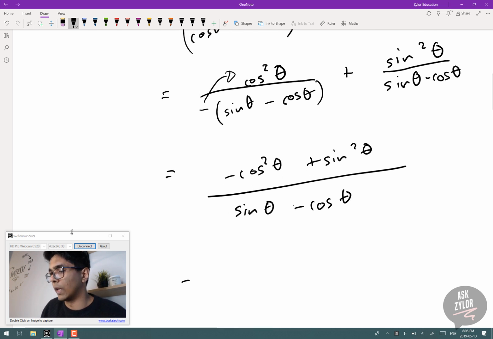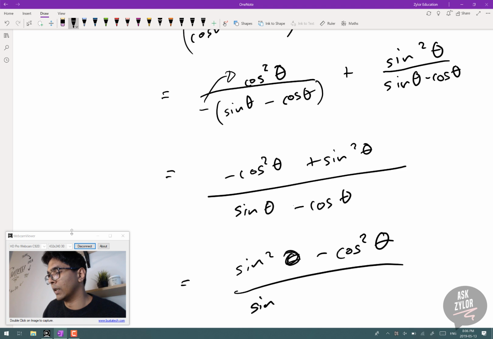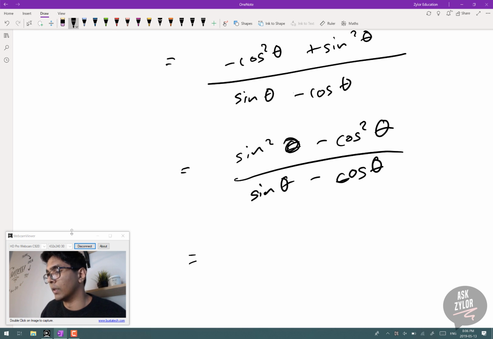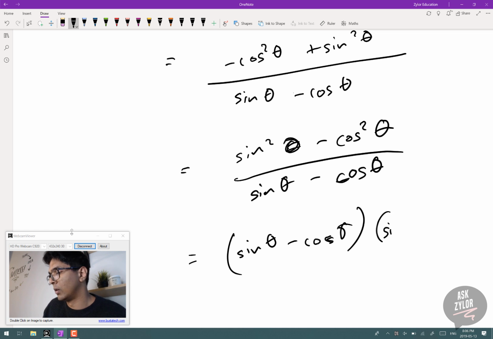Right? So I can rearrange the top to give me a difference of squares. So sine squared theta minus cos squared theta over sine theta minus cos theta. And looking at the top, it gives me the difference of squares, so I can factor that to give me sine theta minus cos theta, sine theta plus cos theta.